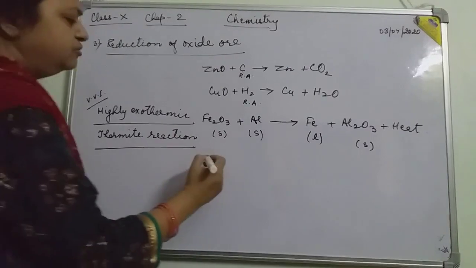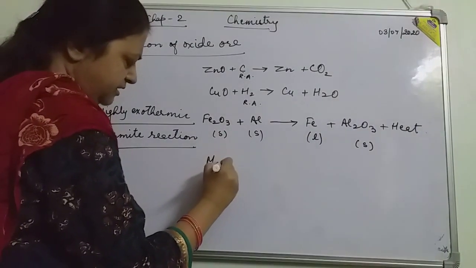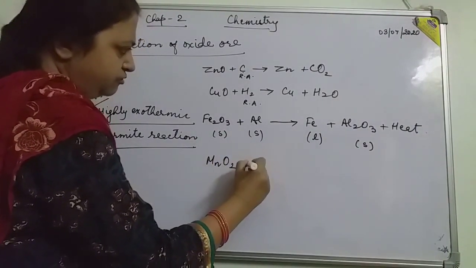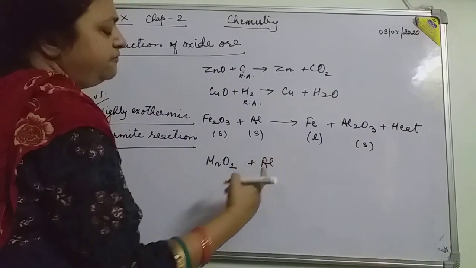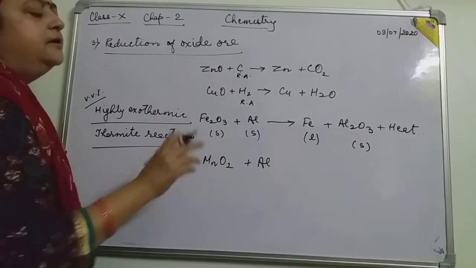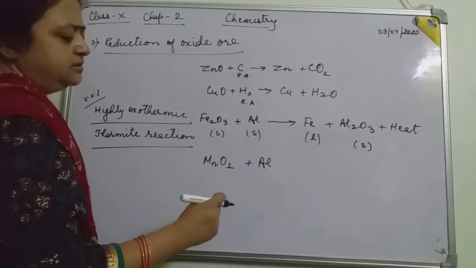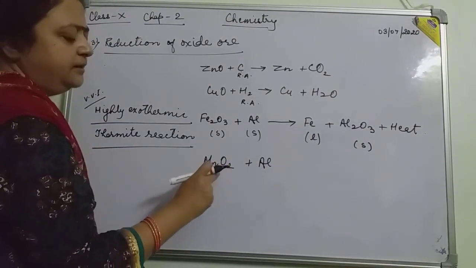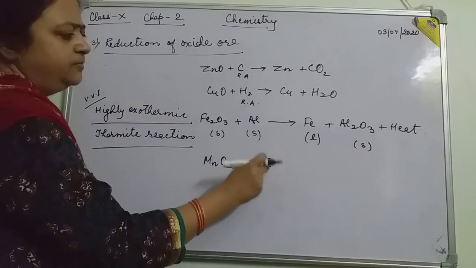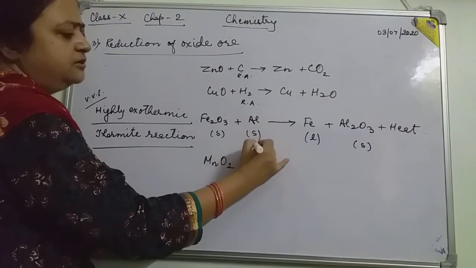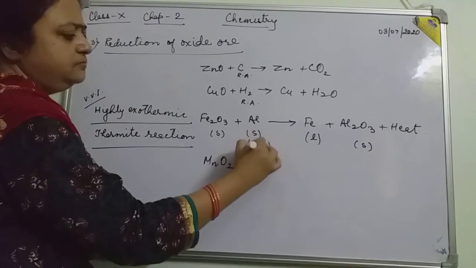We can also use this reaction for reducing MnO2 plus aluminium. If we want to get the metal in its liquid form, we usually use the reaction of that metal oxide with aluminium. Here aluminium acts as the reducing agent.